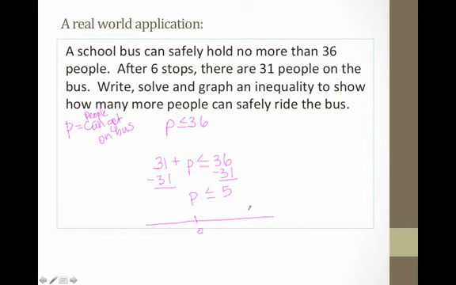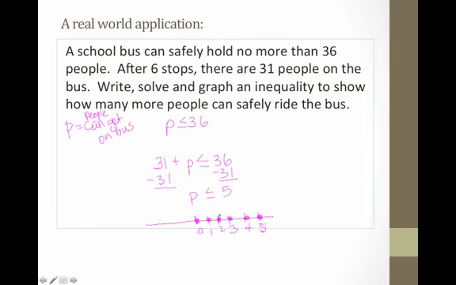Here I am at 0. Here I am at 5. I am going to do something a little bit different here. How many of you know of half of a person? I don't know any. So I can have 5 people, 4 people, 3 people, 2 people, 1 person, or I can add 0 people to that bus.